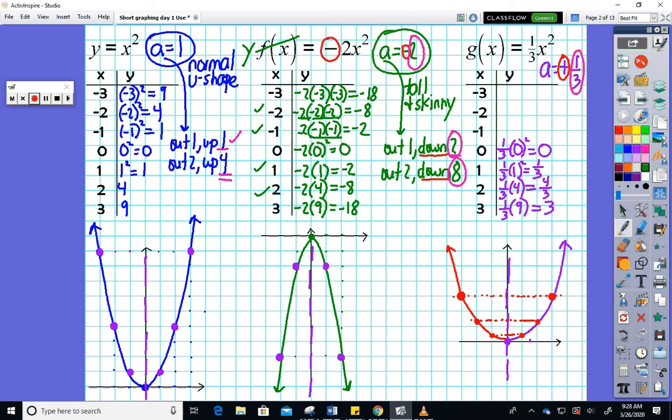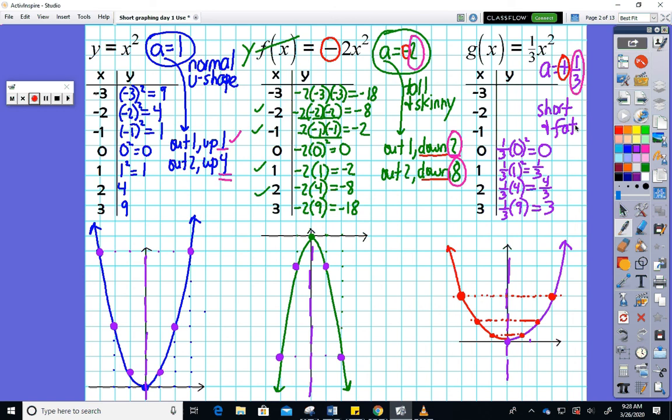And then on the purple one, let me keep my color coding intact, this one appears to be short and fat. So if you push the arms of the parabola down shorter, it makes it look fatter. Now, let me show you something else.